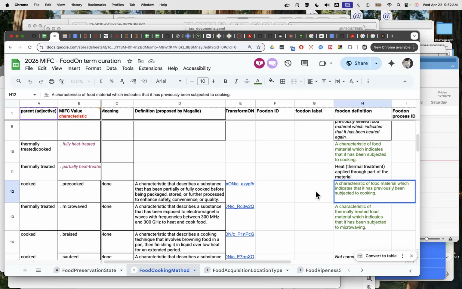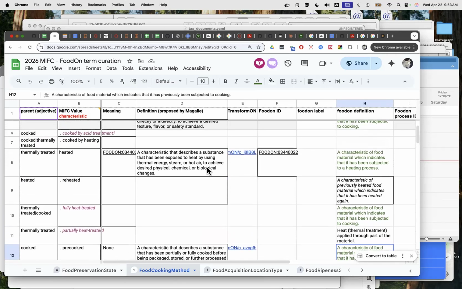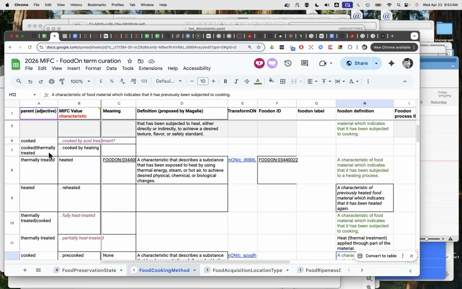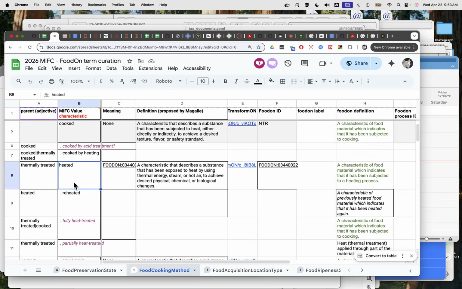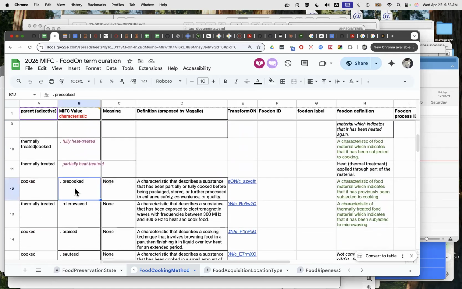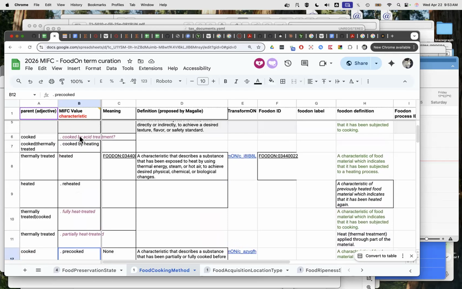Okay, great. Super easy. That raises the temporal aspect of all of these adjectives. When I say thermally treated, actually pre-cooked means not just cooked by acid treatment, but cooked by heating, right?